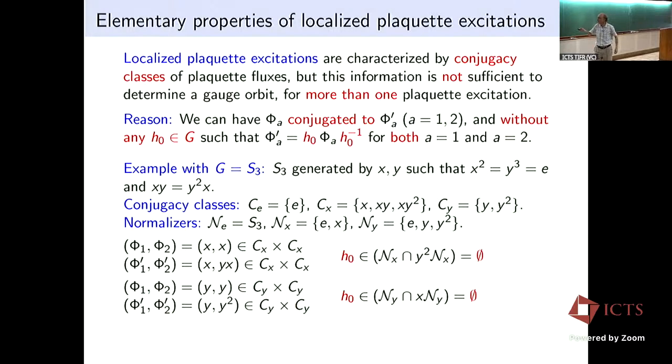So knowing the labels in terms of labels for objects in the Drinfeld center doesn't give you enough information, and still it's really the classical description, the description in terms of the gauge orbit.